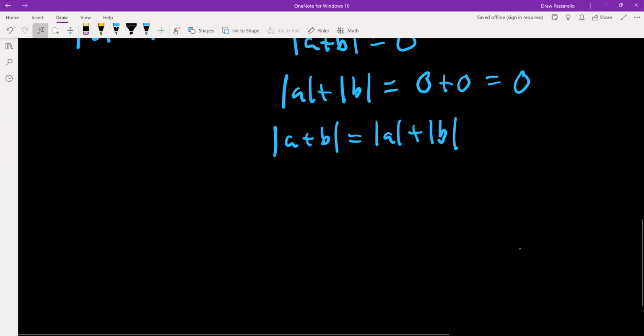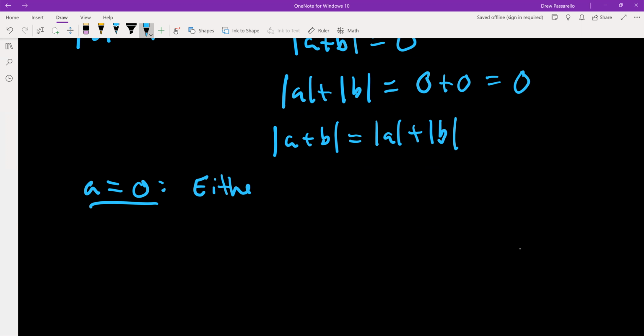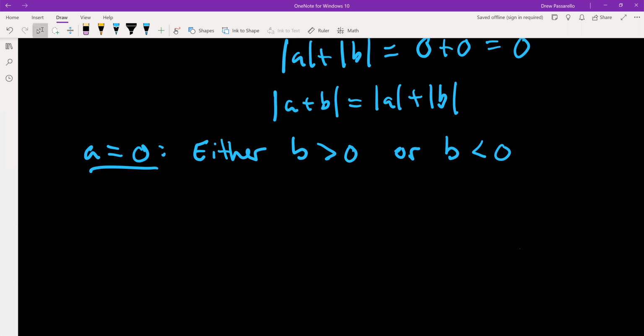Now, let's do it when a is 0. So if a is 0, b could be positive or b could be negative. Either b is greater than 0 or b is less than 0. So let's do b greater than 0. This would be like option 1 for a is 0.